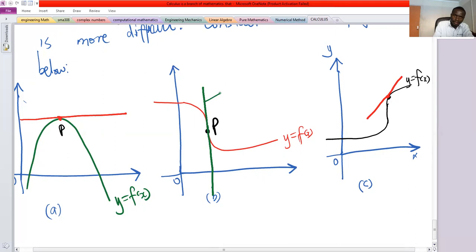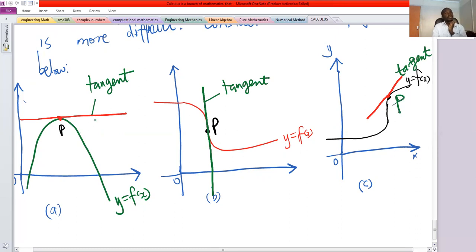This is still a tangent. This is still a tangent. This is still a tangent. But then the definition we gave for the case of tangent through point P on a circle will not work for all these three cases, because there is no radius where we are saying that the line makes 90 degrees with the radius line.